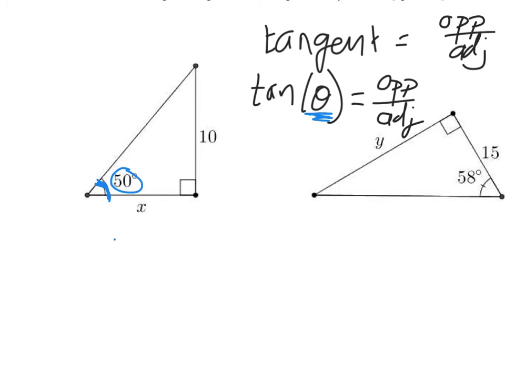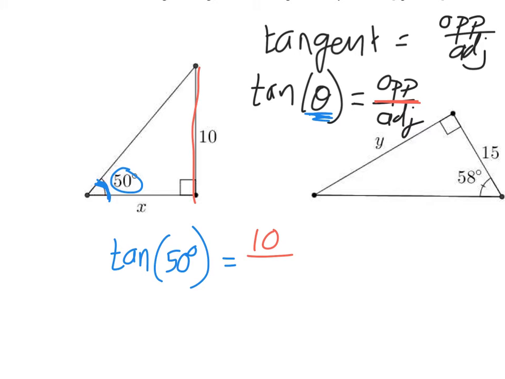Okay, so I can set up an equation that says the tangent of 50 degrees, or the slope ratio of a 50-degree right triangle, is equal to the opposite leg, the leg across from it, which in this instance is 10, divided by the adjacent leg, or the leg that is next to the 50-degree angle. And that goes right here. So I'm going to put that length down here of x.